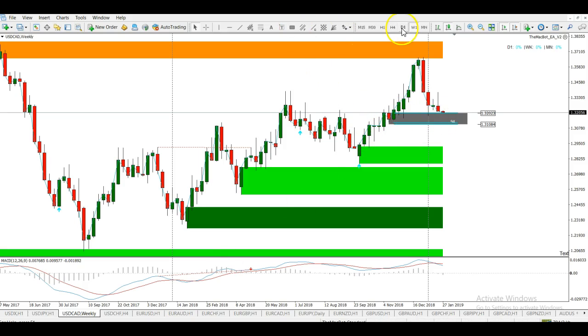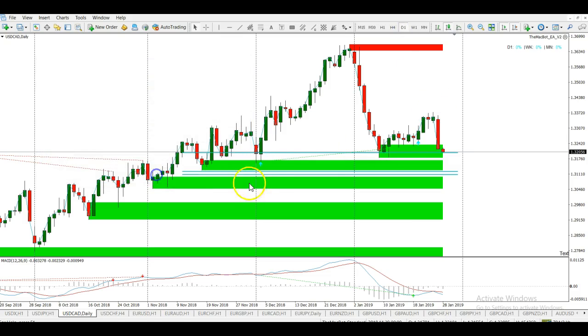Okay, just want it to fall a little bit deeper down and test these daily zones here. So preferably once it takes out this low down into here, and around here I look for a buy-in opportunity, short term, maybe the last 3 to 5 days to the upside. Okay, I'll keep an eye on it.